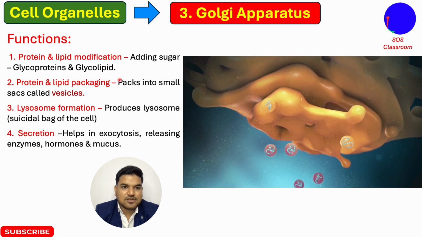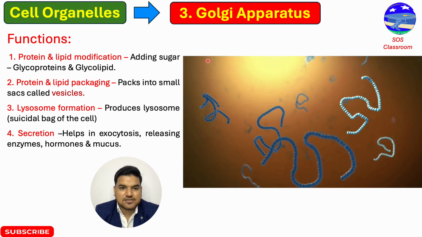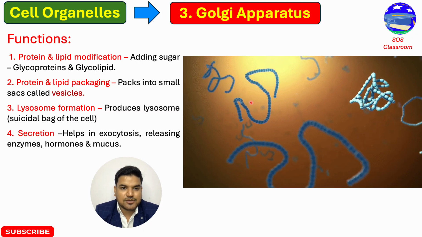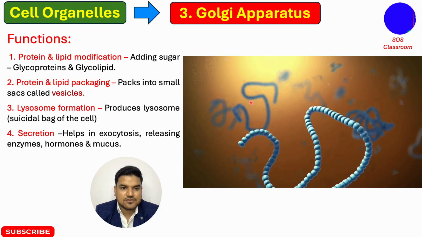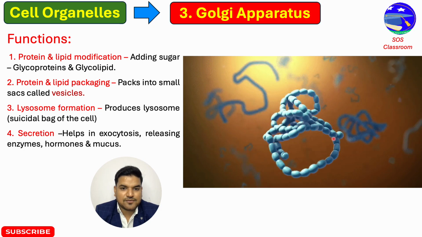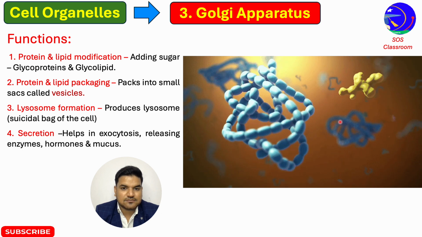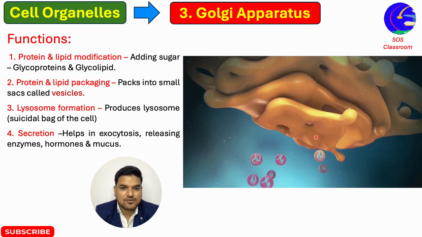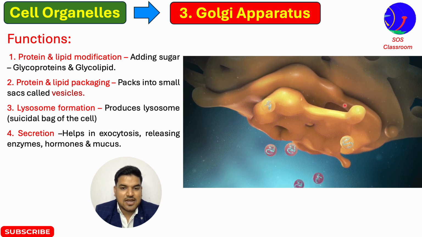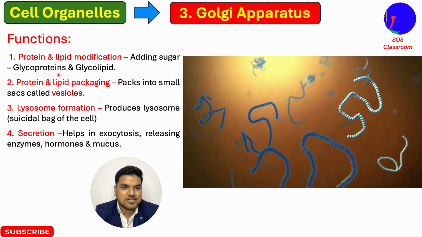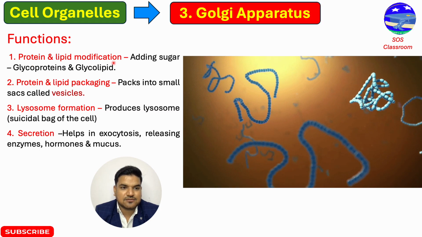So what are the functions of the Golgi apparatus? You can see in the animation, these are the protein molecules. Protein modification: adding sugar is called glycoprotein, and adding lipid is called glycolipid. So the first function is protein and lipid modification.